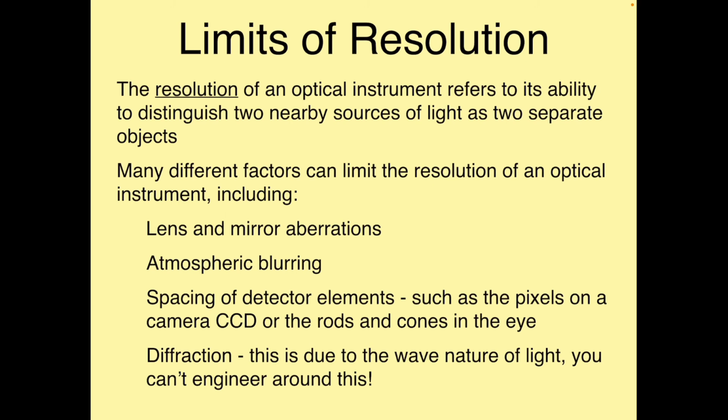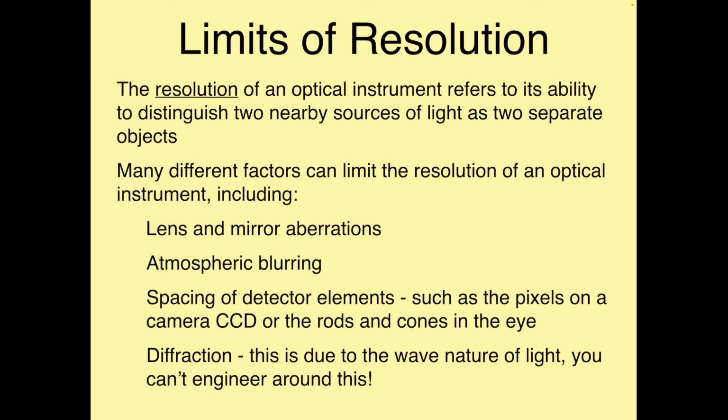And so lastly, we have diffraction. So remember, in general, diffraction is when a wave goes through an opening, and then after going through that opening, the wave spreads out. Now, of course, this happens for light. If you have a light wave going through the pupil of your eye, or into a camera, or into a telescope, whatever the case may be, whenever light enters an optical instrument, it's going to diffract.